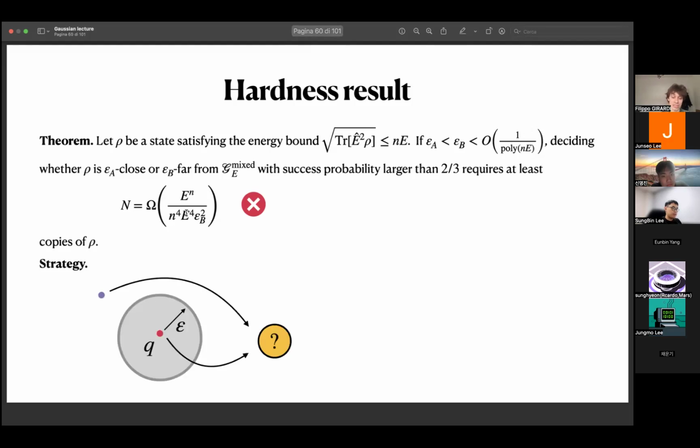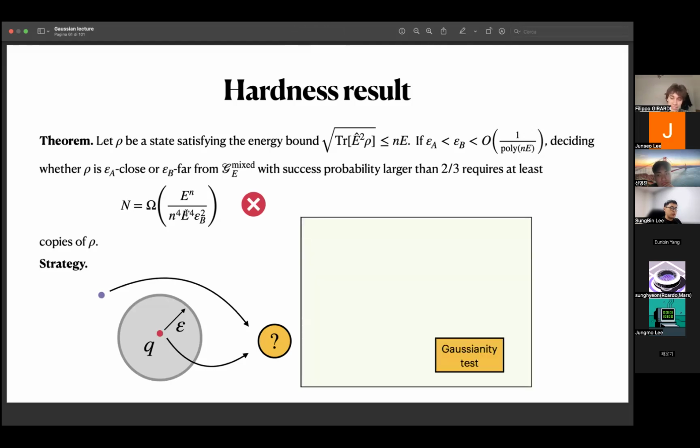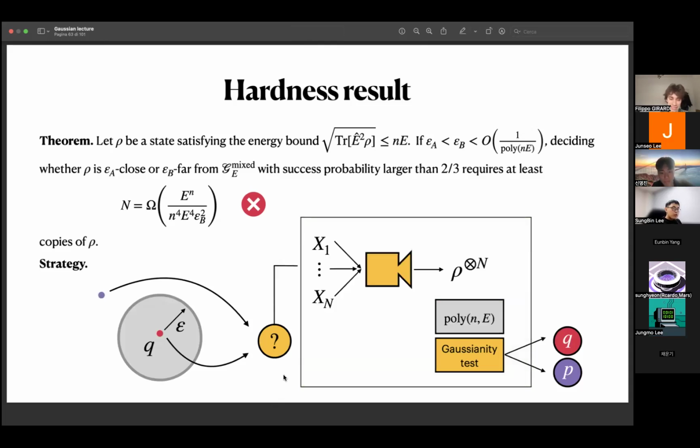And the strategy is that we take the original identity testing problem in the classical setting, and we use the Gaussianity test as a subroutine of a strategy which can identify whether we are observing n IID samples of Q or n IID samples of P, which is at least epsilon far. So more precisely, we take the samples of this random variable, we use them to produce n IID states to be tested.